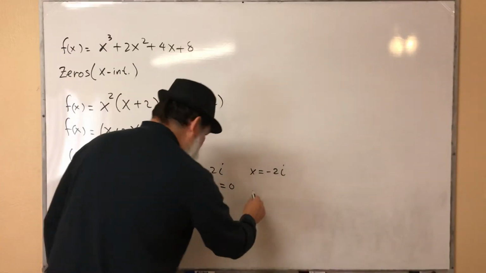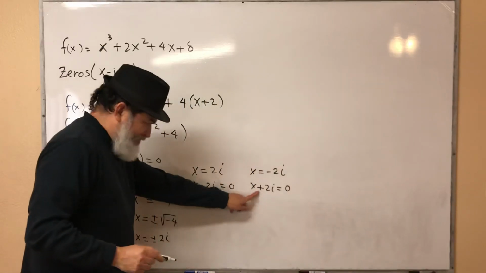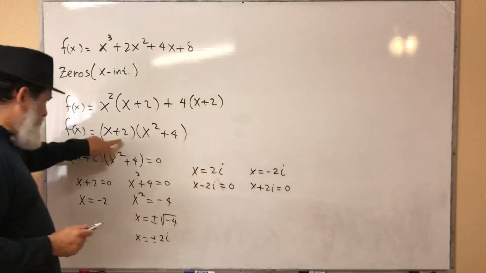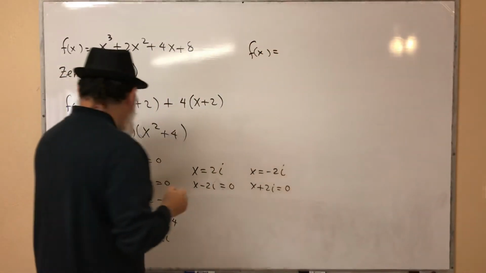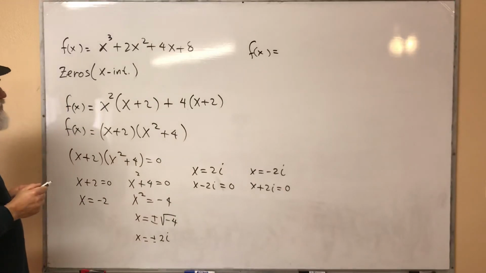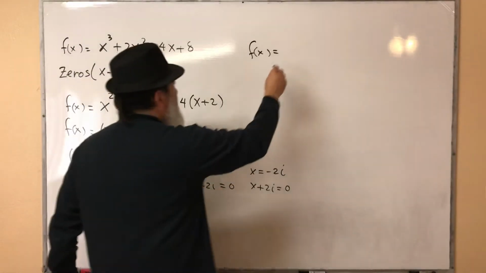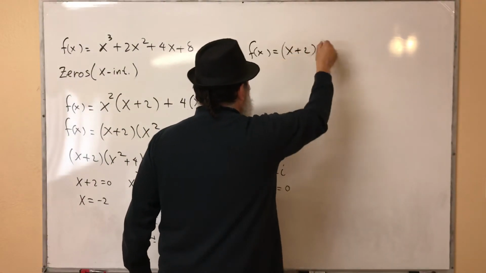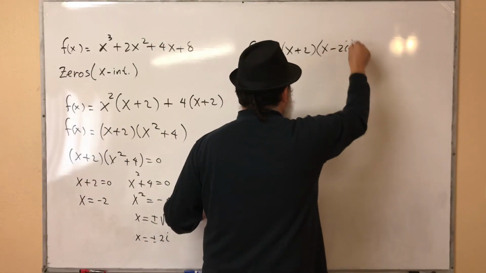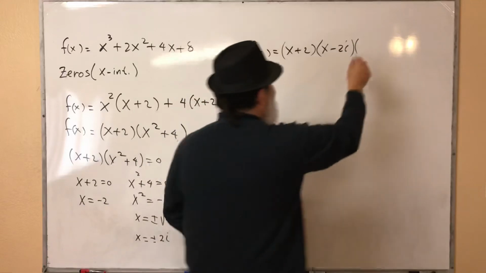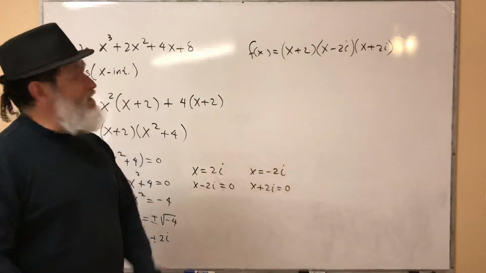Bring it over. X plus 2i is a factor. So we were able to factor this now. Look, f of x equals 2 times x plus 2, x minus 2i, x plus 2i. And there we factor this one.